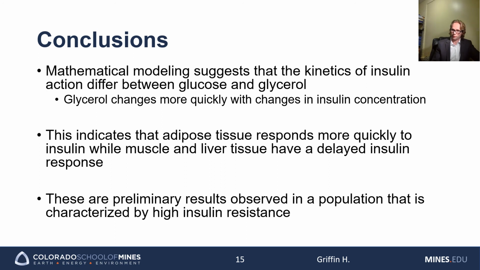So these are preliminary results observed in a population that is characterized by high insulin resistance. And we're interested to see if these same observations would persist in a population with more typical glycemic control. We're also interested to extend these observations to a larger population of our own.